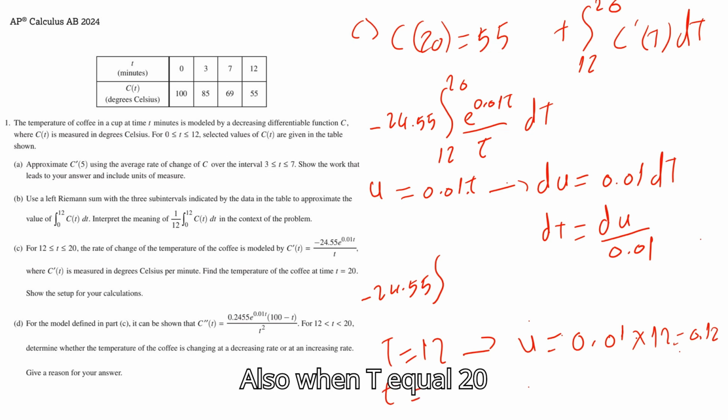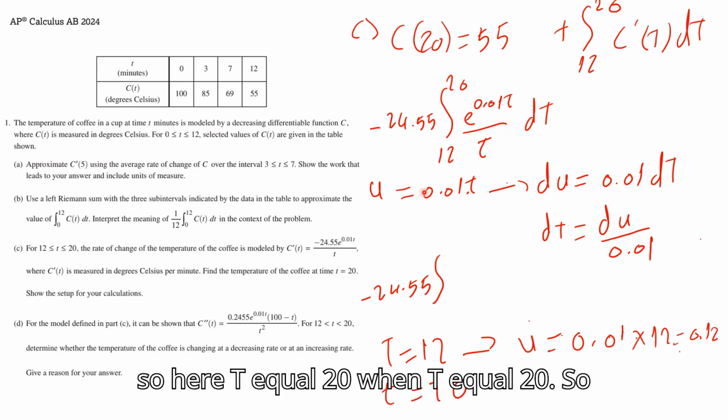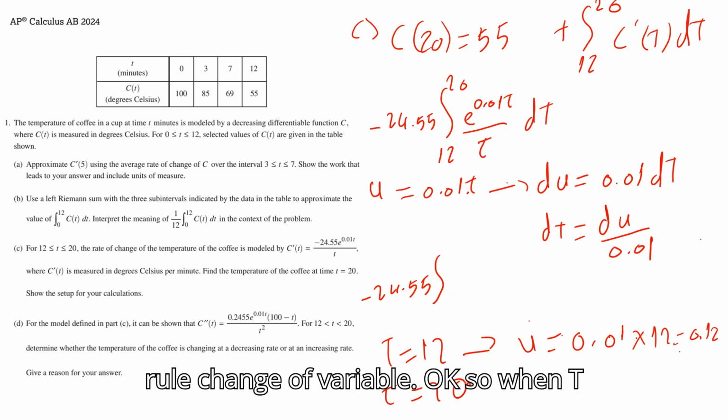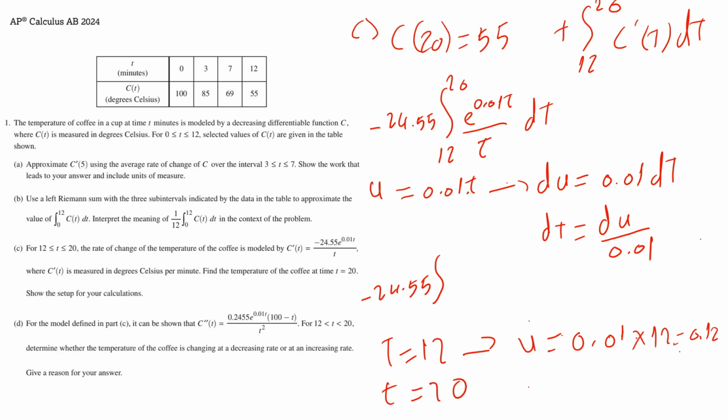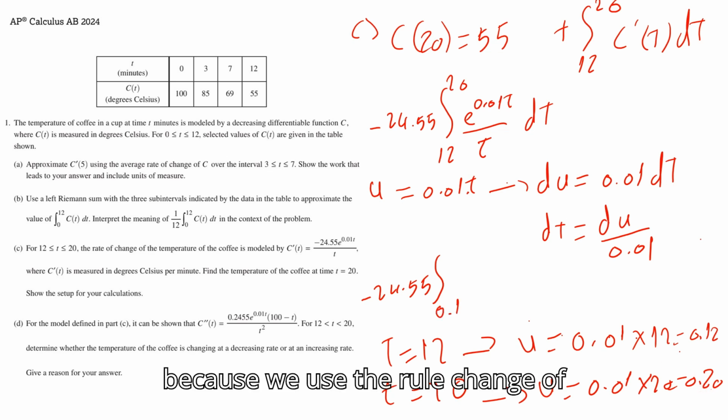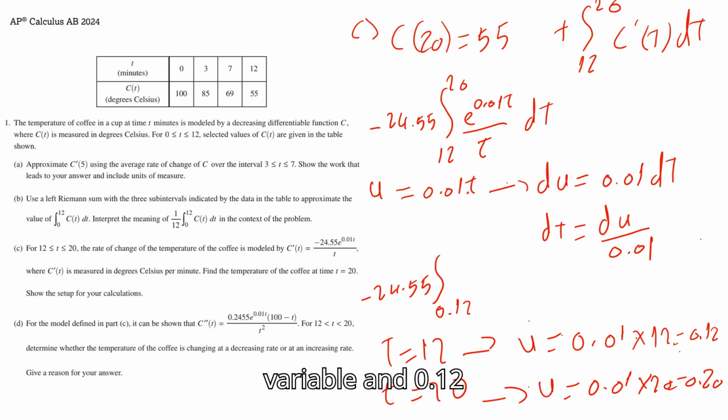Also, when t equals 20, using the change of variable rule, u equals 0.01 times 20, so it equals 0.20, or 0.2. So instead of 12, we write 0.12, and instead of 20, we write 0.2, because we use the change of variable rule.